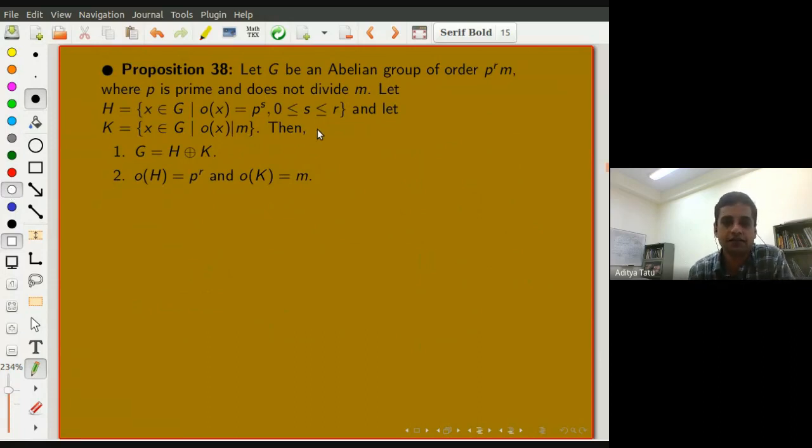Okay, so if I'm given a group G, which is abelian, remember that, of order P to the power m, where P is prime and does not divide m.